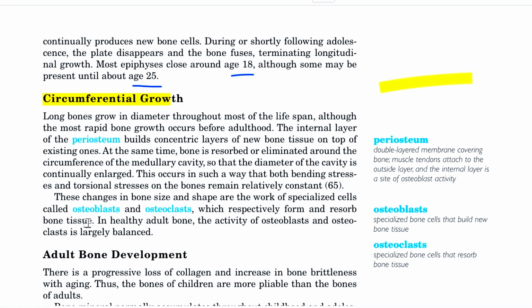That simply means that if you add new bone externally, the bone present internally around the circumference of the medullary cavity is going to be reabsorbed or eliminated. We have discussed the medullary cavity before, so we are not going to discuss it again.